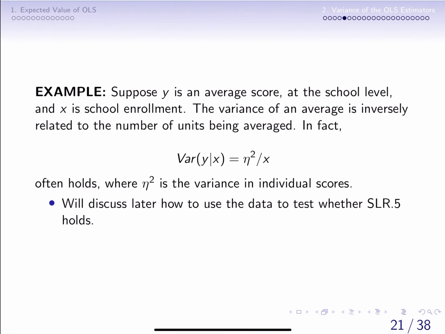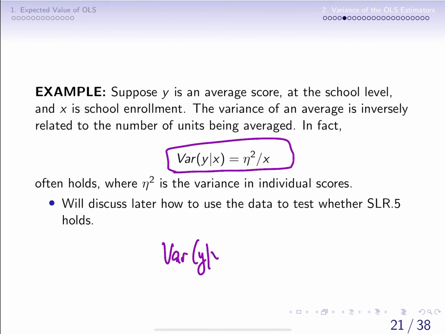Okay, now you can imagine that if you had some sort of formula, and I'm not going to go over the example, but if somebody wrote out the variance of y given x equals sigma square over x, as soon as x appears in the equation, this is displaying heteroscedasticity.